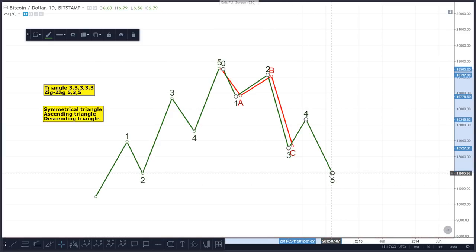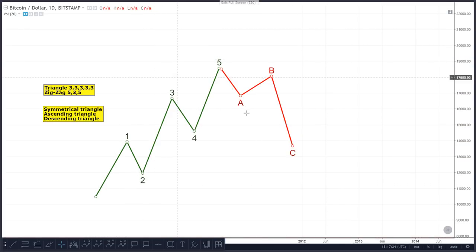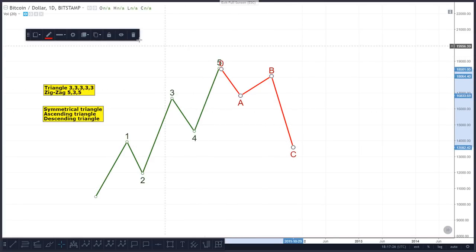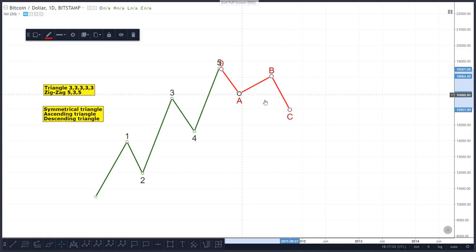So that's just one thing I want you to be very mindful of with zigzags. But very typically the ratio that I look for is a 1-to-1 ratio where C is equal to A. If you see anything other than that, I'll be seriously questioning whether it is a corrective pattern.